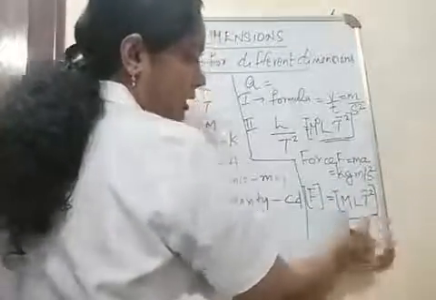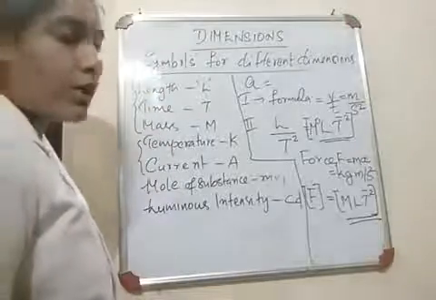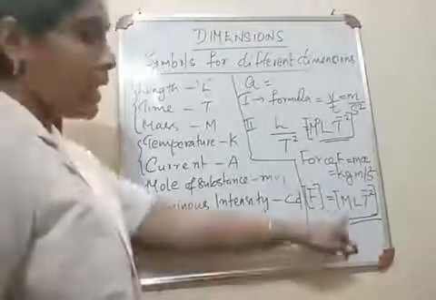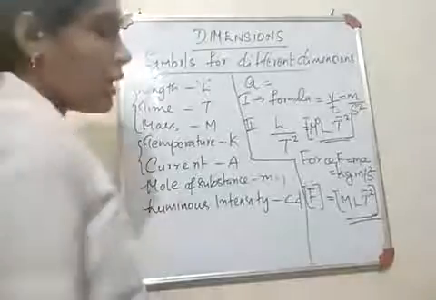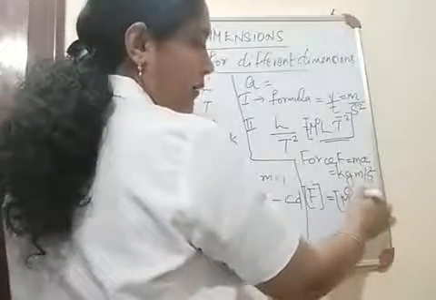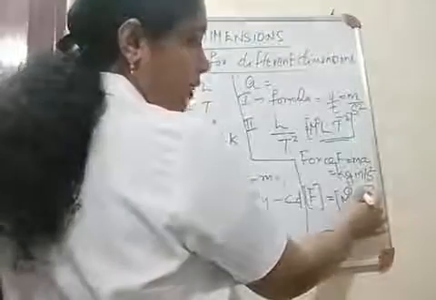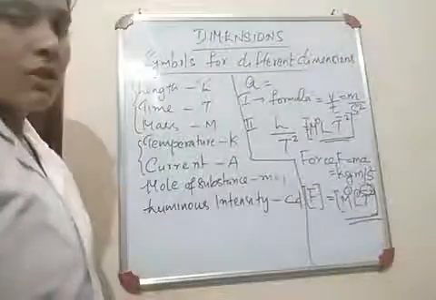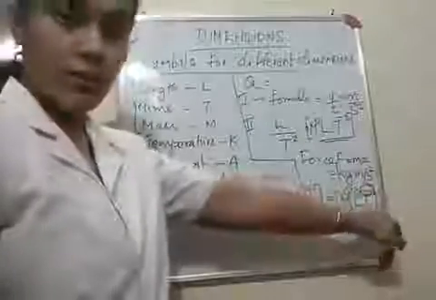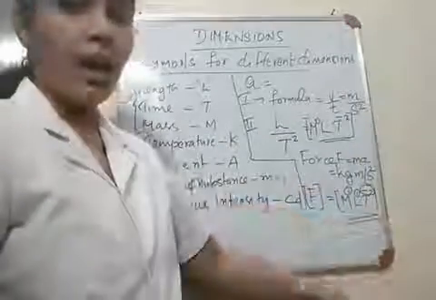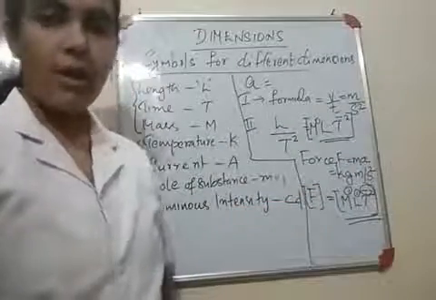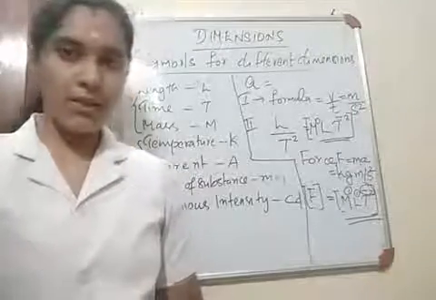So this is the dimensional representation for force. Okay, M, L, T raised to minus 2. So power of M is 1, power of L is 1 and power of T is minus 2. So these powers to which the fundamental quantities are raised is known as dimensions. Okay, children?